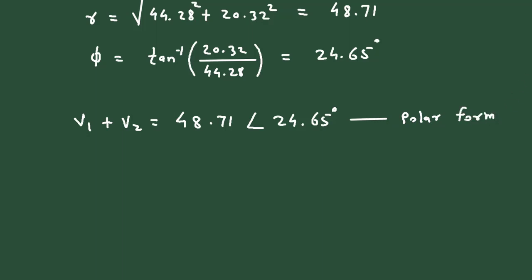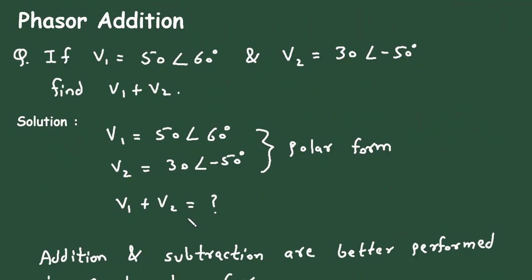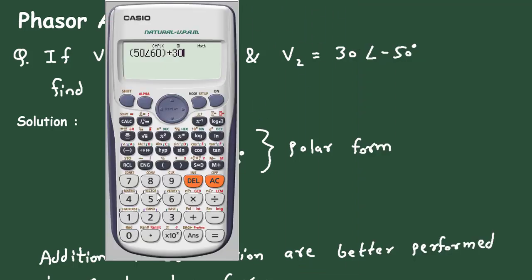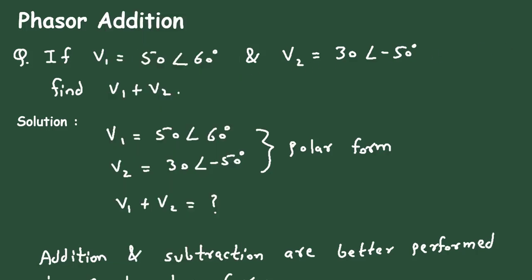We can verify our answer. So here in calculator, if we put this calculator in complex mode, then 50 at an angle 60, this is in one bracket, then plus 30 at an angle minus 50, so it is 44.28.